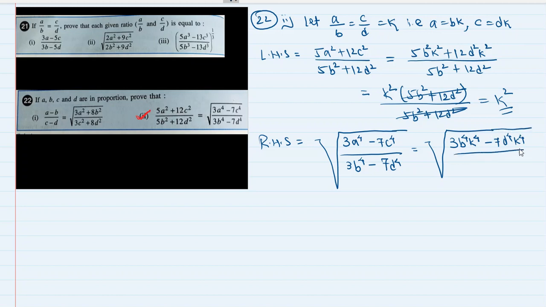right? Now you might have got the pattern already. Just take out k raised to 4 common in the numerator.